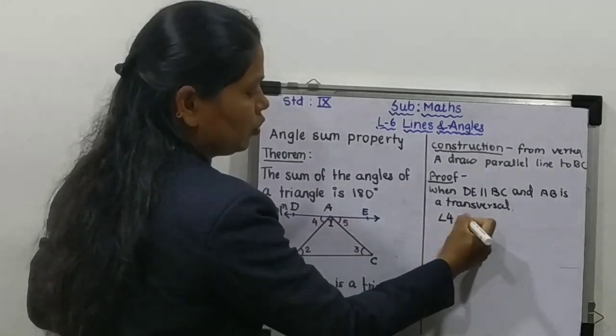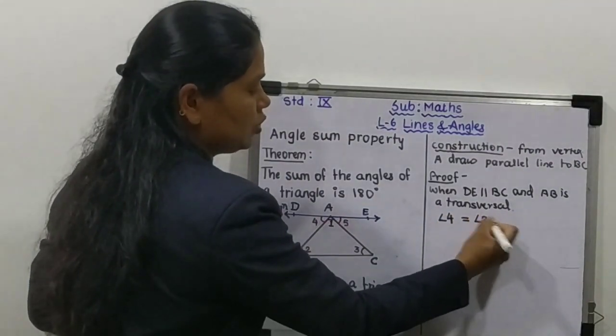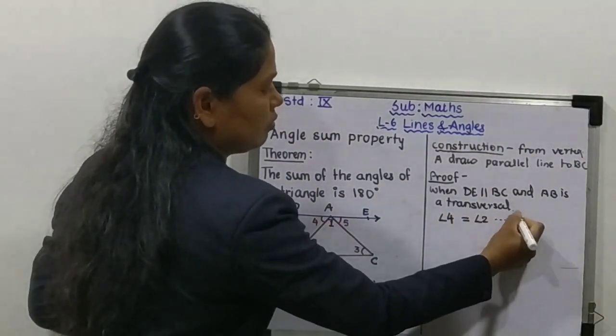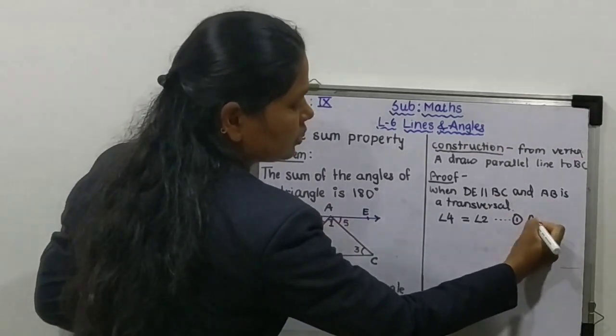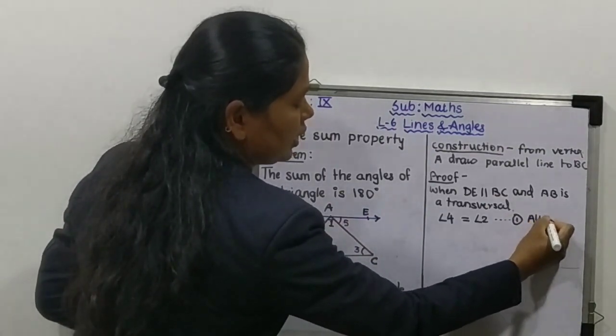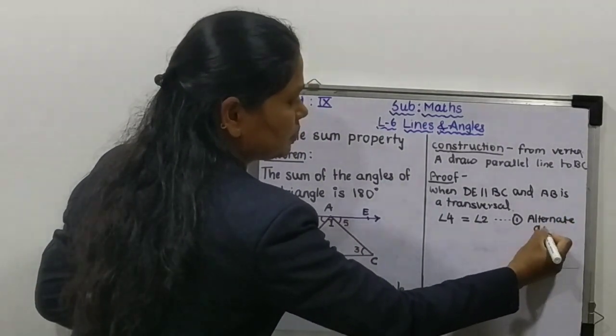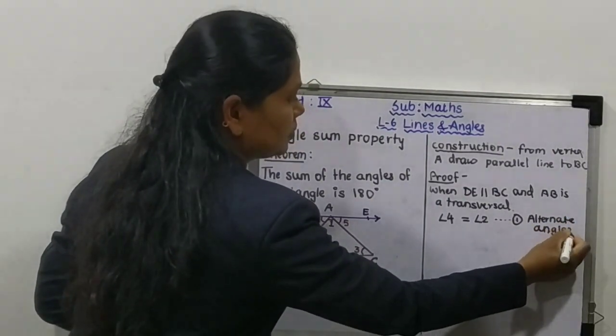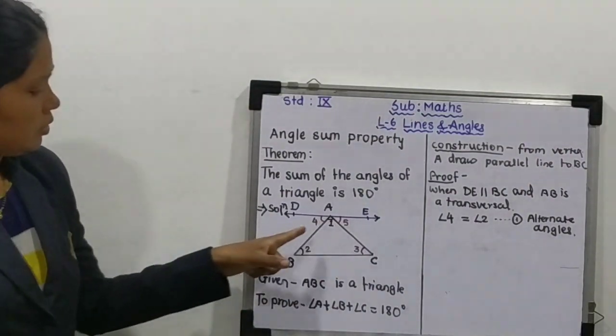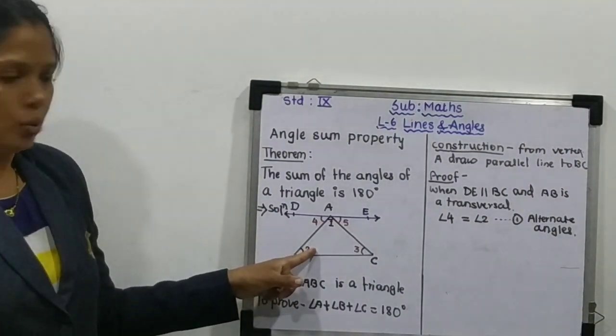Angle 4 equals to angle 2. By what kind of angles? Alternate angles. Right? Angle 4 and angle 2.